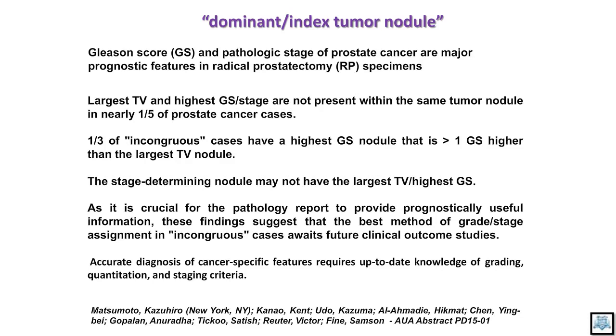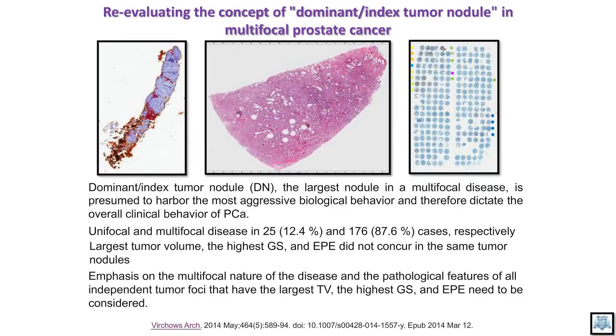It is for that reason that just studying the dominant or index nodule may not give all the complete information. Now there is a consensus that it is important to consider even the secondary nodule to get an integrated analysis and make a collective decision.